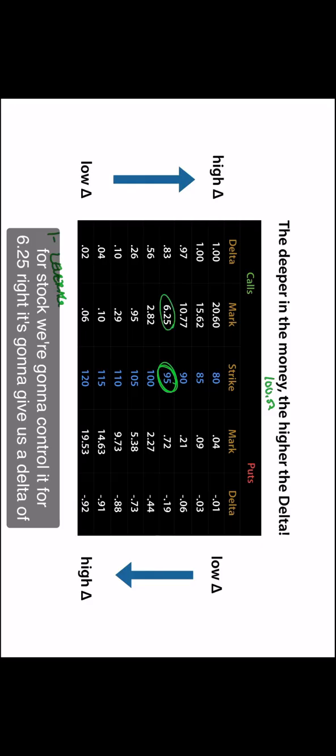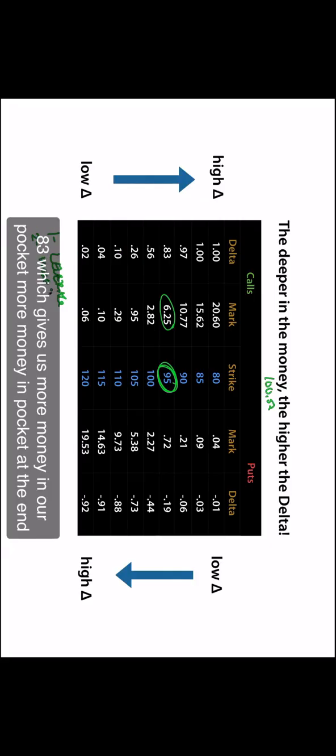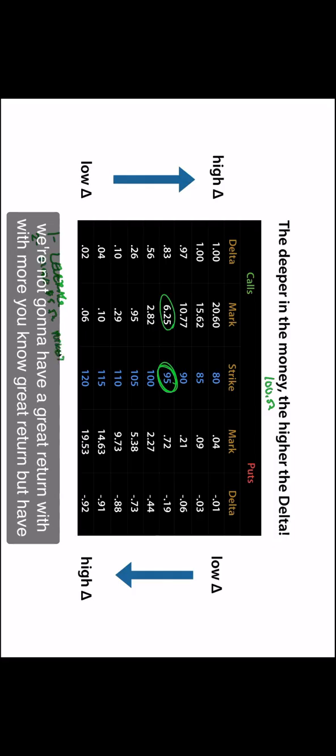We're going to control it for $6.25. It's going to give us a delta of 83, which gives us more money in our pocket.